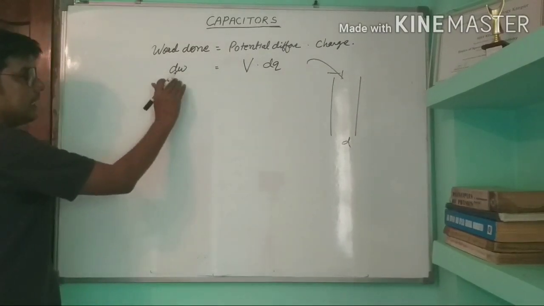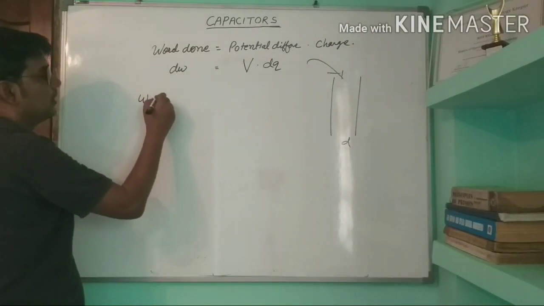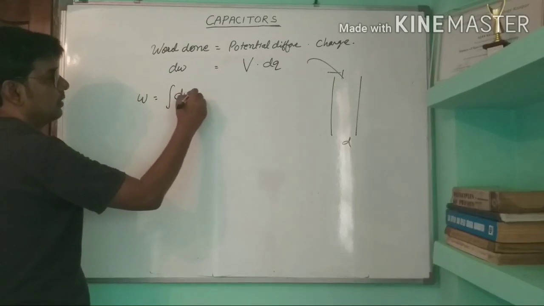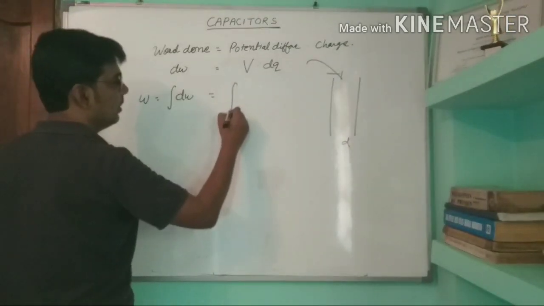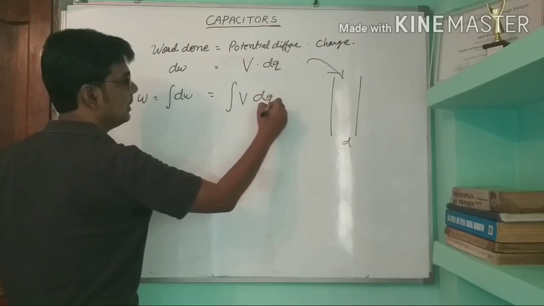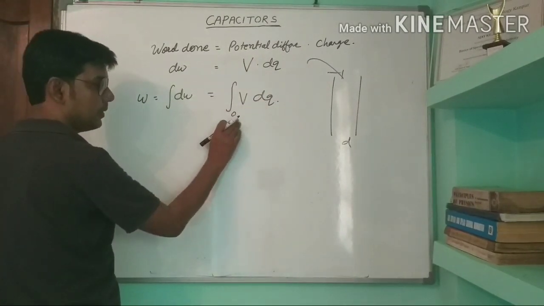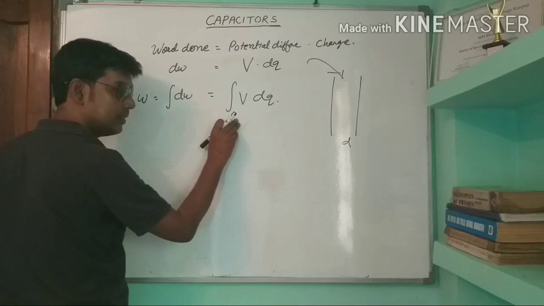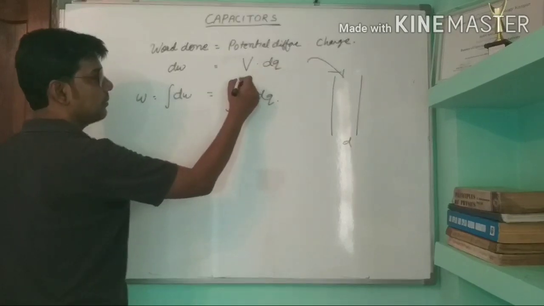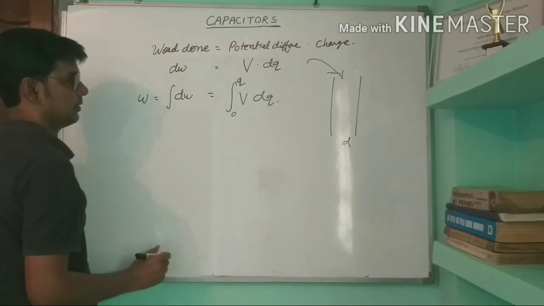Now if we integrate it, we can calculate the total work done, that is equal to the integral of V dq, where the charge is from 0, initially the capacitor had zero charge, and finally suppose it is Q charge.